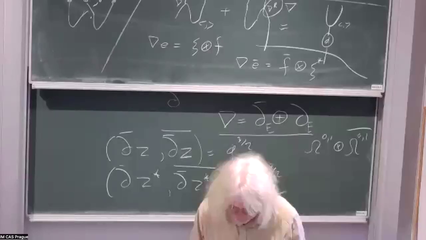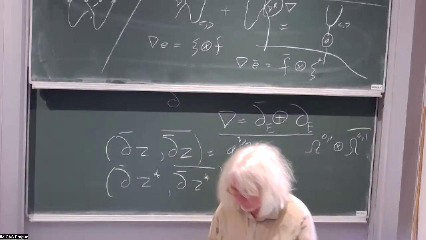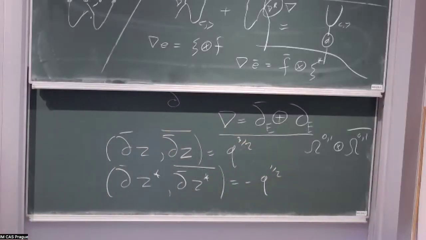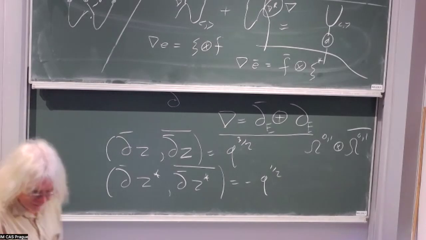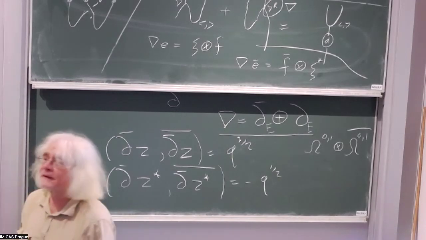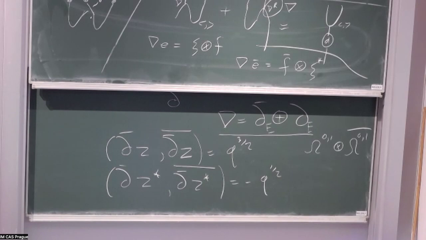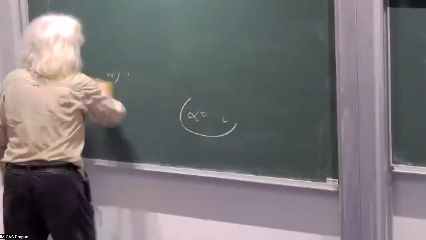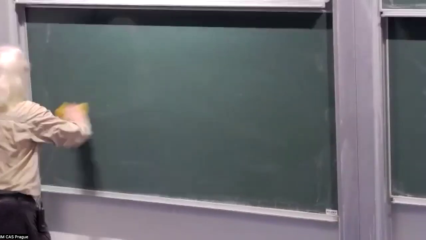Now, but it doesn't descend. Now, can we fix this by making something which actually descends the tensor product over A? Well, yes, we can have a different inner product which descends the tensor product over A.